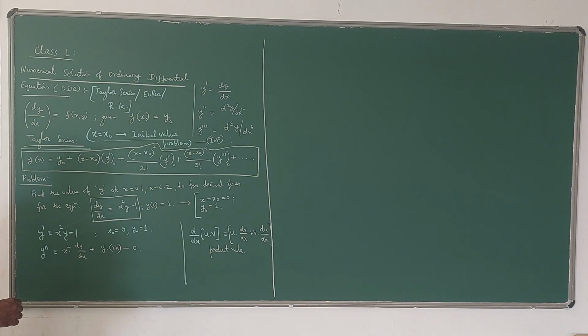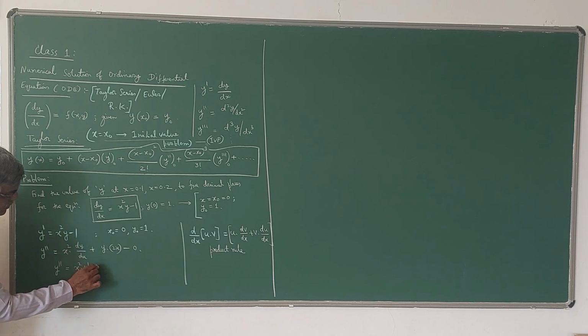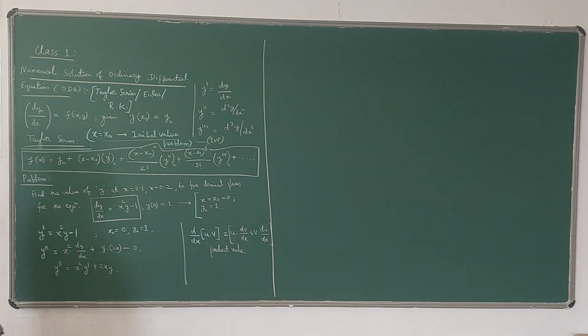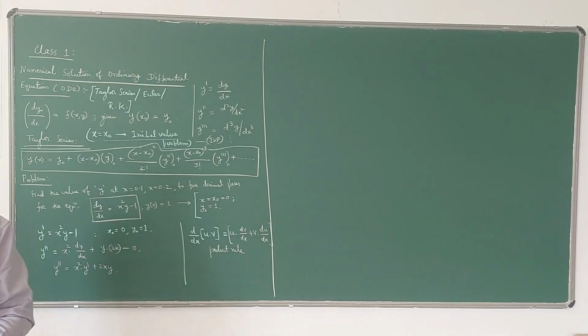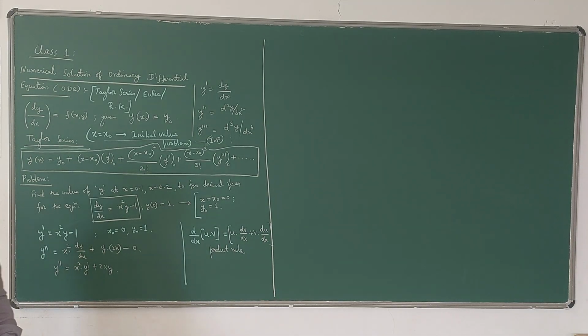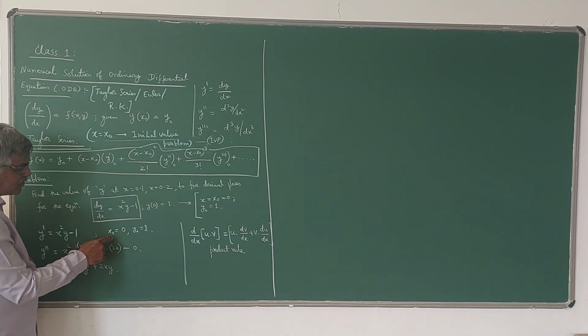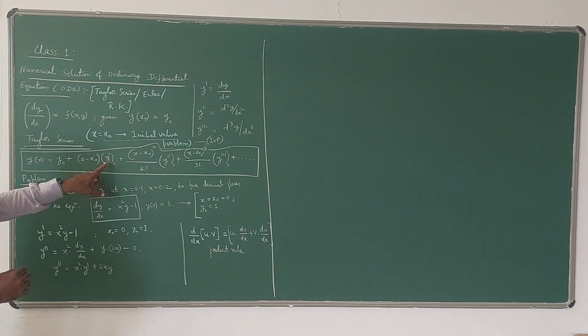So y double dash is equal to x square into y dash plus 2xy. This is the second derivative. Now let us go on finding the values of the derivatives at x naught, because we need these values.